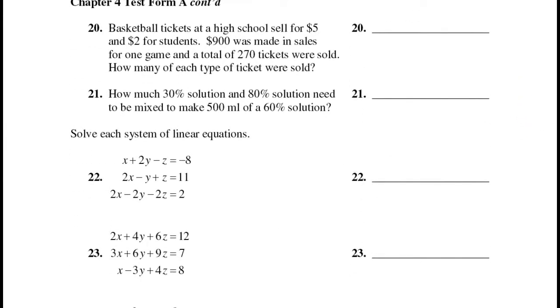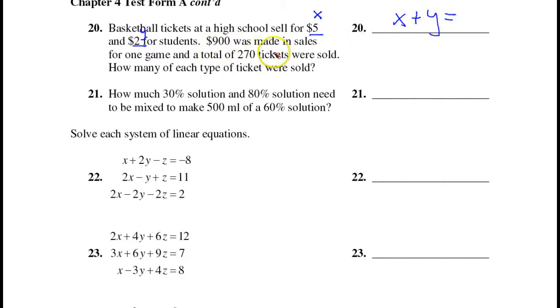Now for number 3, not number 3, I was looking down here, there's 3 letters. Yeah, that's not it. How about number 20? Basketball tickets at a high school sell for $5 and $2 for students. So let's call this price X and this one Y. This is how much was made from the sale for one game where this many tickets were sold. Okay, so we know the number of $5 plus the number of $2 tickets.